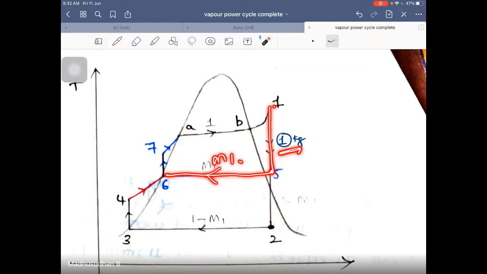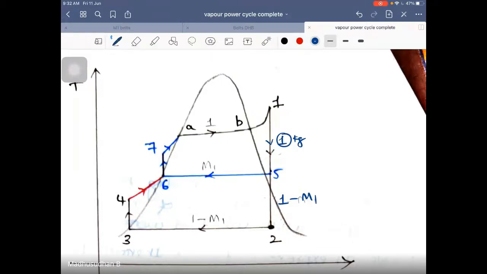And how much is the remaining fluid? 1 minus M1 would be sent back to the condenser here.